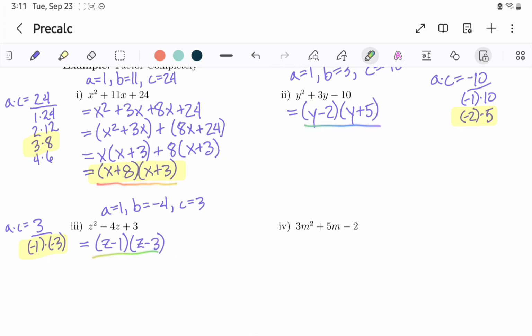So if we notice, the numbers across each of our binomial factors are always integers in each of these factorizations. So if you're ever not able to come up with two numbers whose product is a times c and whose sum is b, what that tells you is that the AC method fails, and so you will have to use the quadratic formula to instead figure out the two binomial factors.